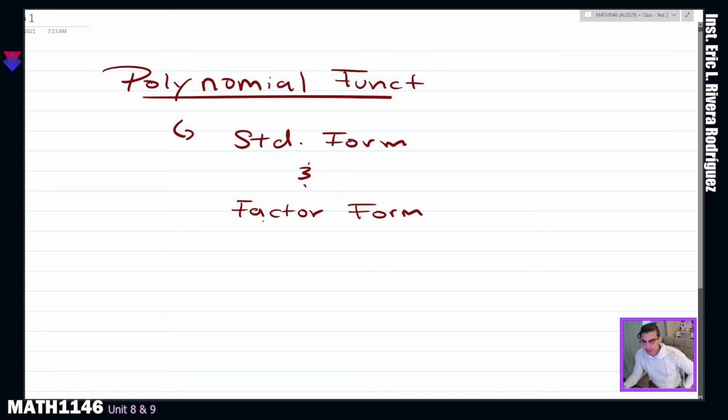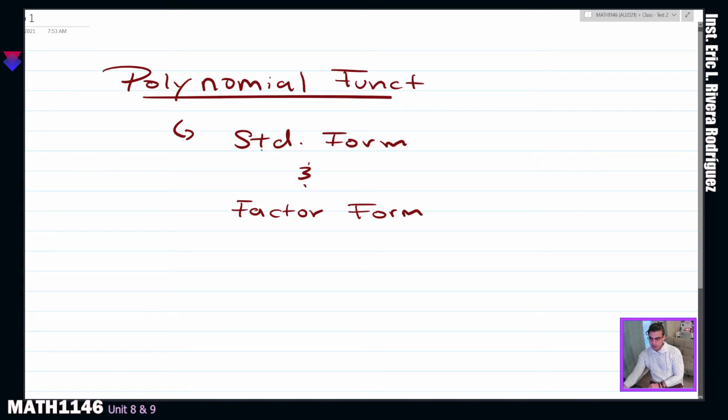The advantage of the factor form is that when we see the polynomial in its linear factors, it's easier for us to identify those zeros, okay? So we want to use always the factor form to identify the zeros. If we have the standard form, we need to go through the process to identify the zeros, and then after the zeros, we can put together the factor form. Okay, that is what we did on unit number 6.